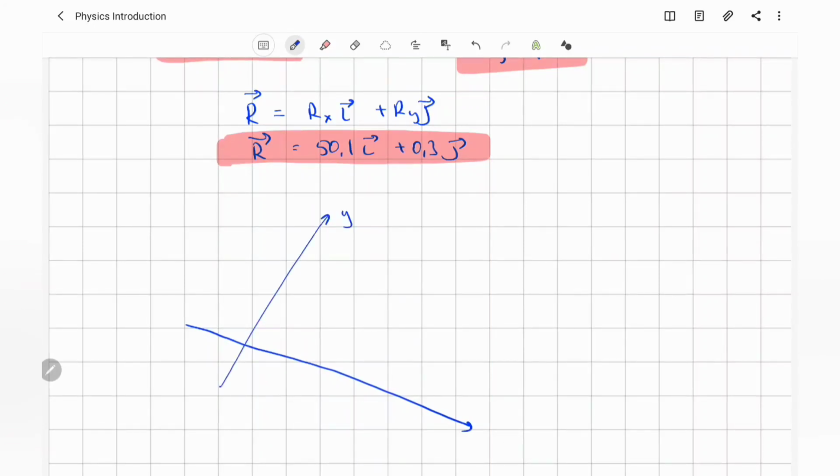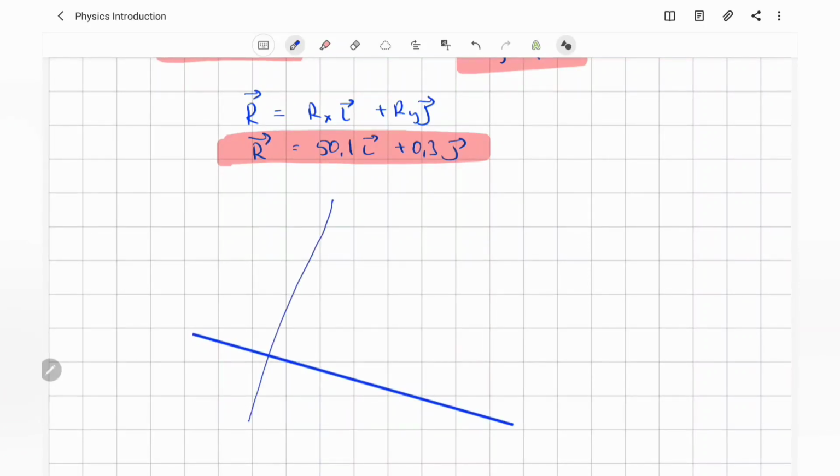Y. One second. Yeah, it should be 90 degrees. Yes, this is almost 90 degrees. This is the y direction. This is the x direction. This angle is 15 degrees.